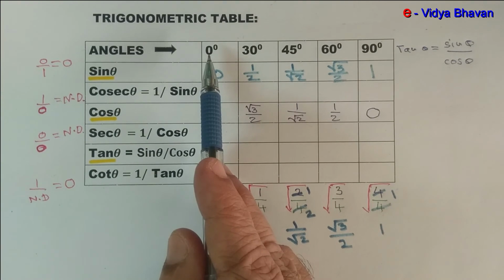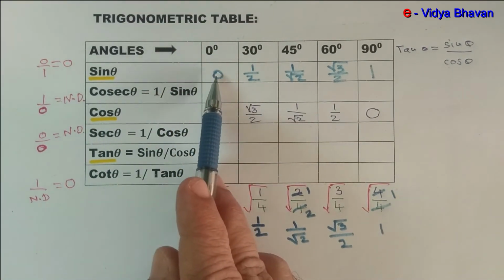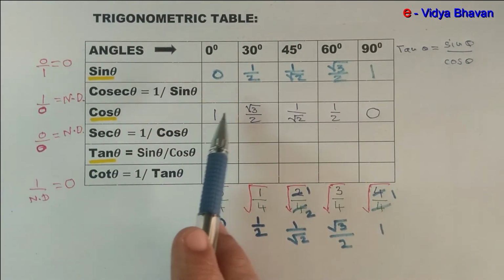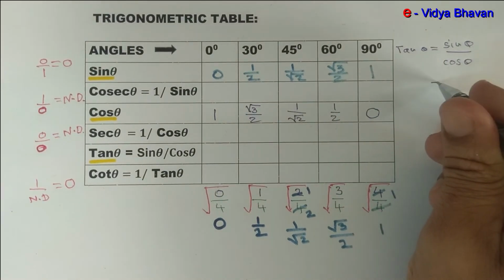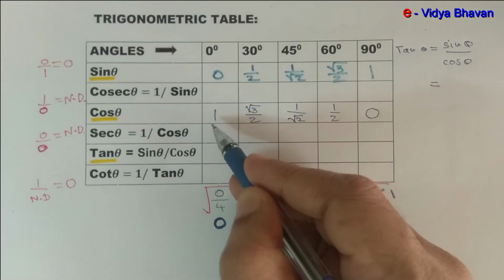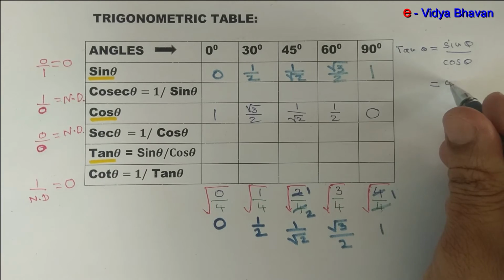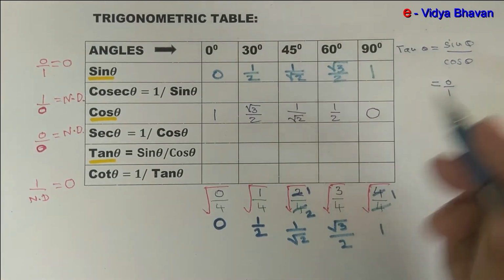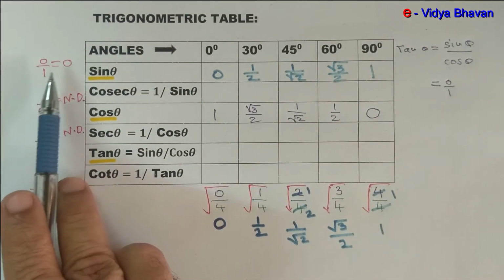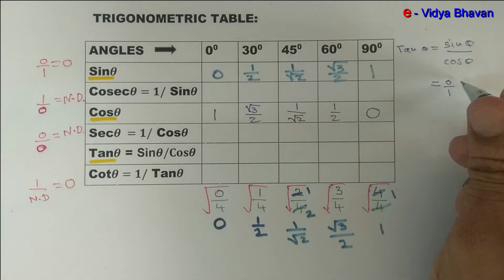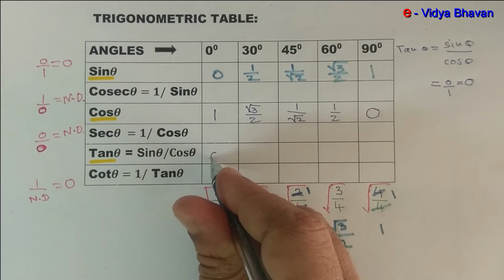For 0 degree, sin is 0 and cos is 1. So we substitute 0 upon 1, and 0 upon 1 gives 0. So we write down here 0.